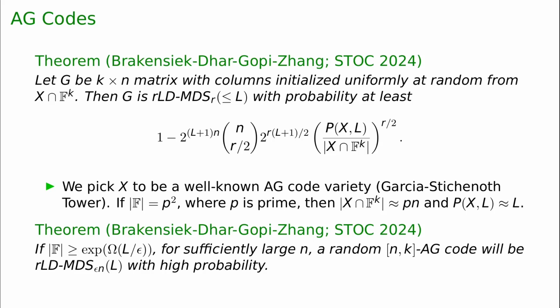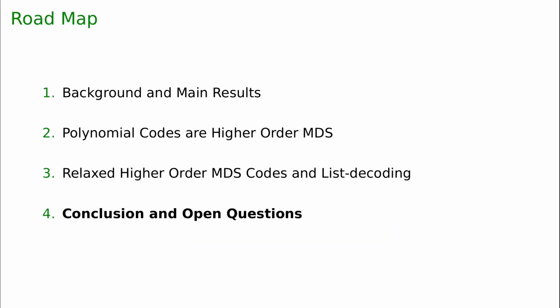As a result, we showed that if our field size is exponential, then for sufficiently large n, a random n,k AG code will be this relaxed higher order MDS code with high probability, in particular it's capacity achieving. And this concludes the discussion of the main results of the paper.